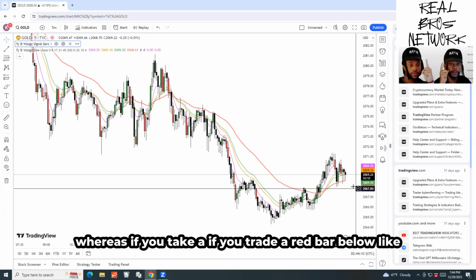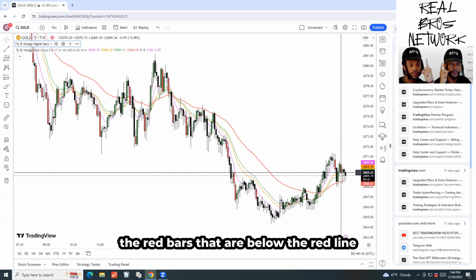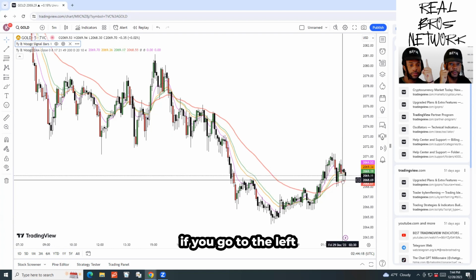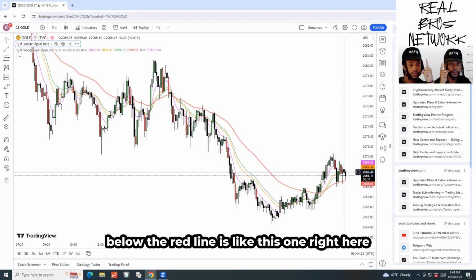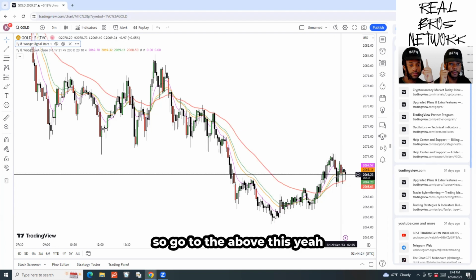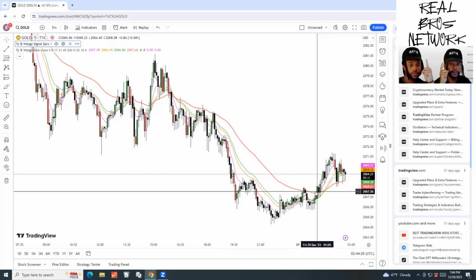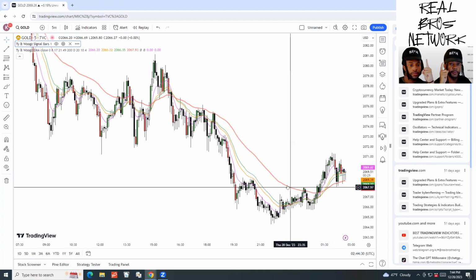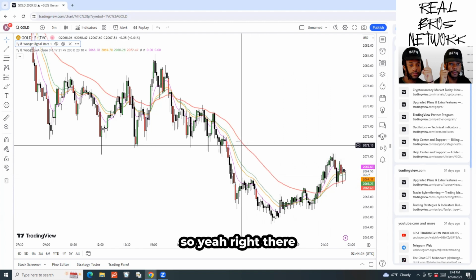Whereas if you trade a red bar below, like you can't see my mouse, but if you look at the red bars that are below the red line, go to the left until you see a red bar. So yeah, right there, you see some red bars.